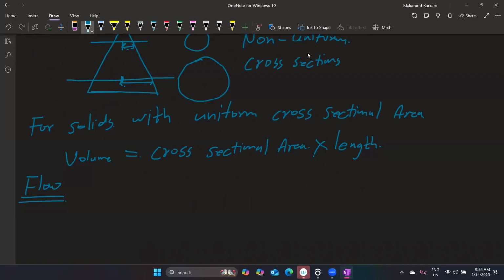Let us say in a garden, I have a pipe which is 1 meter by 2 meters. So can you tell me what is the area of cross section of that pipe?